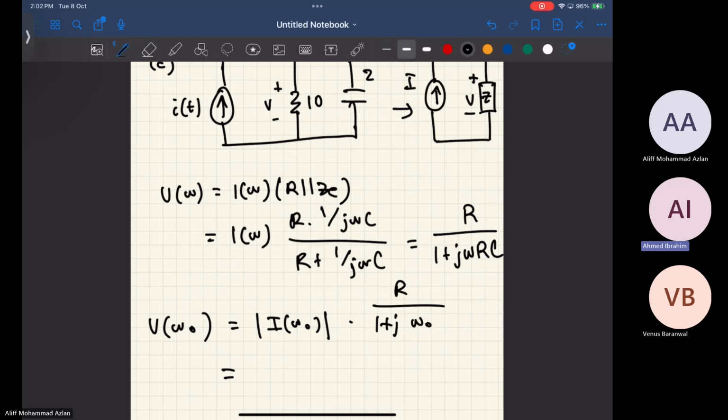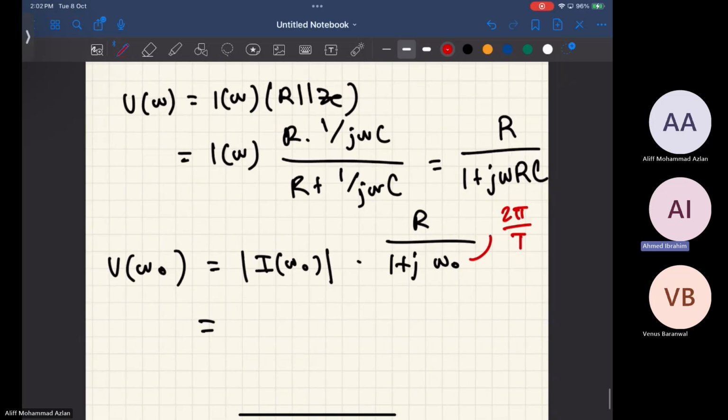So omega 0 is the 2 pi over T from the previous question. And this shouldn't say magnitude. So we're interested in both the magnitude and phase here. So this is just going to be a complex number with both a magnitude and a phase.